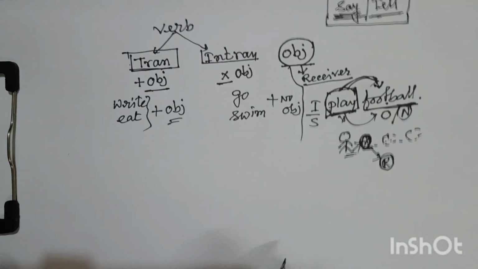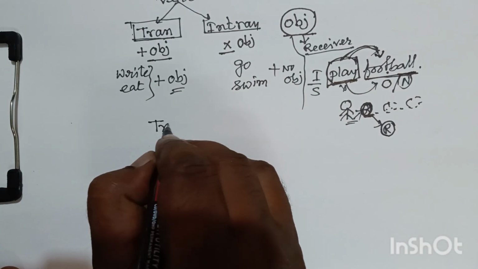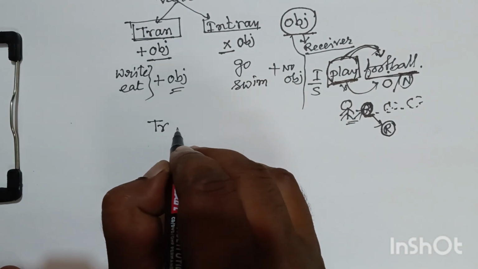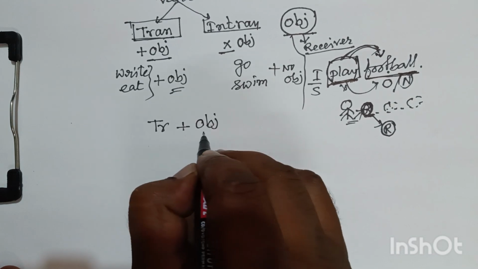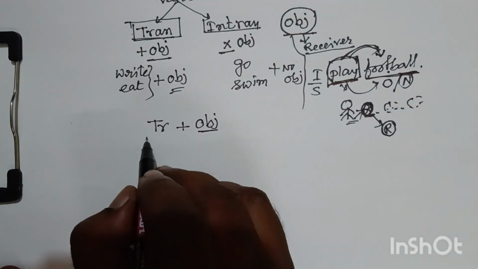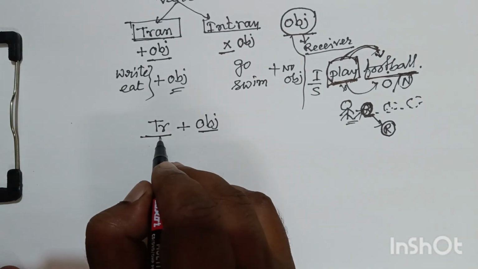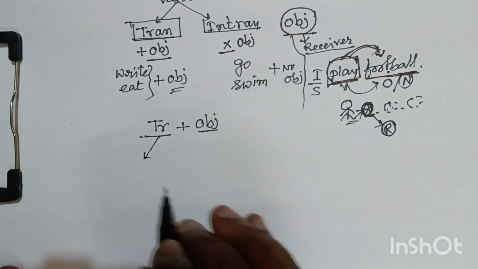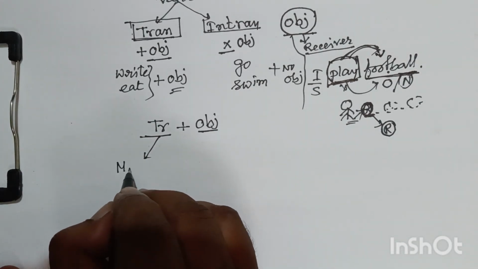Now think about the transitive verb. Transitive verb means obviously we have to provide an object with it. Now friends, this transitive verb is divided into actually four parts. The first one is monotransitive.